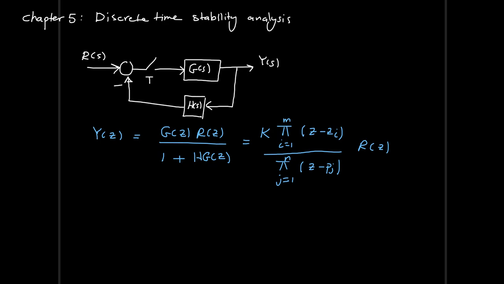So here z equal z_i is the zero of the pulse transfer function, and z equal p_j are the poles of the transfer function.